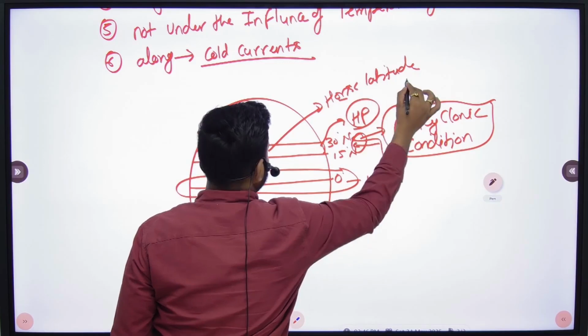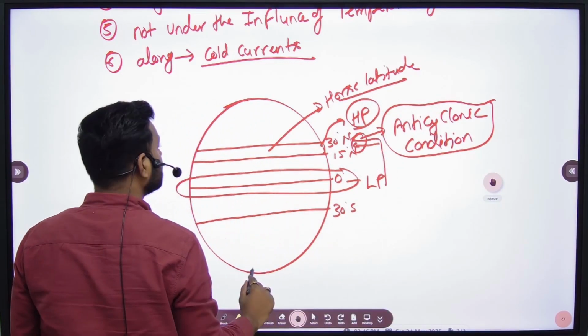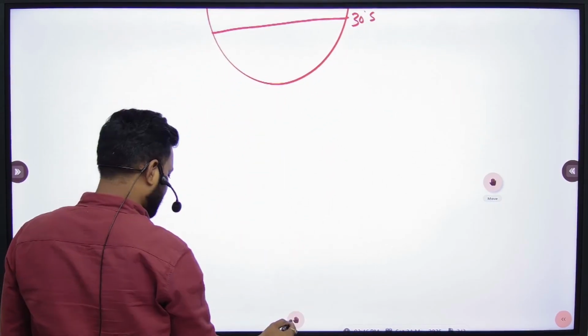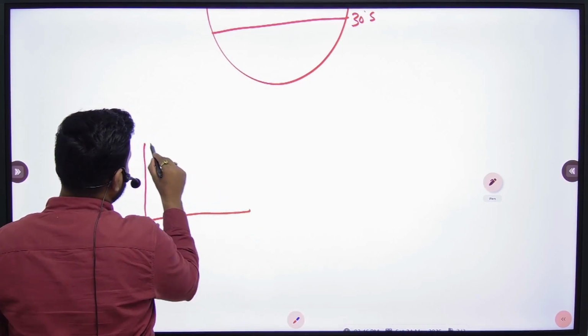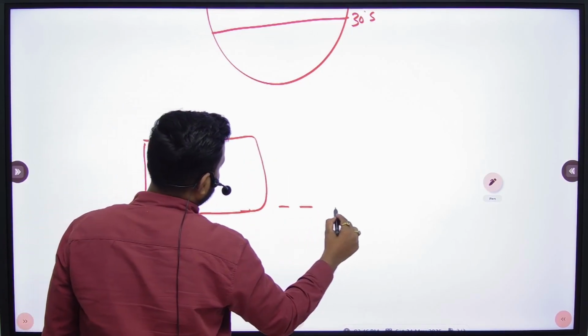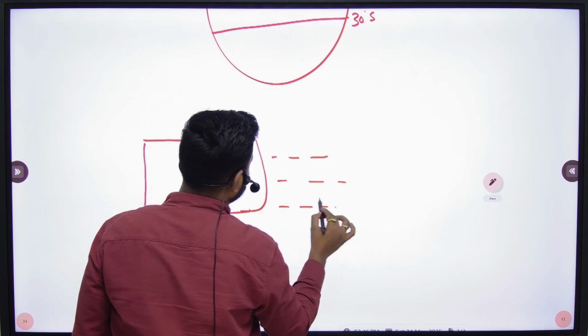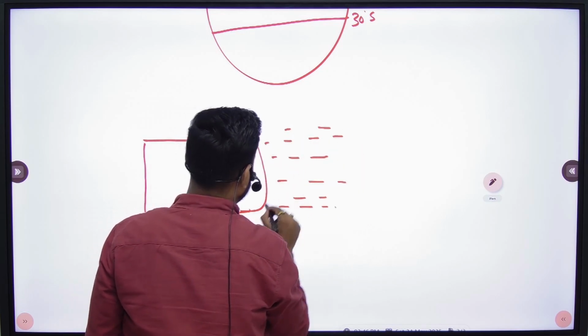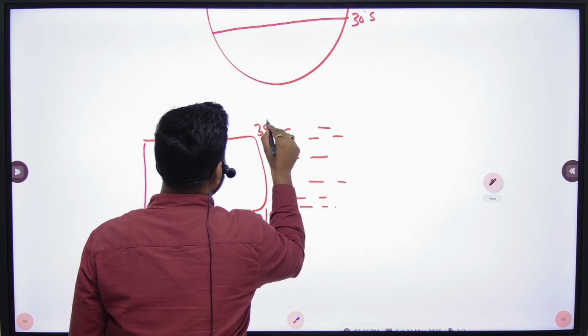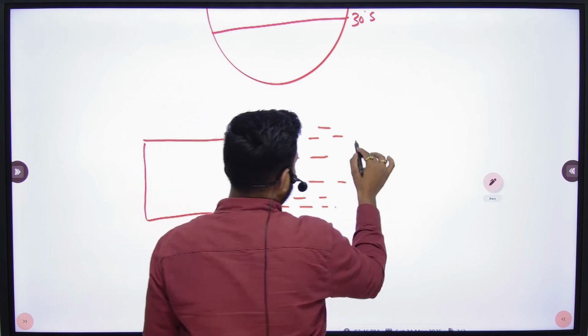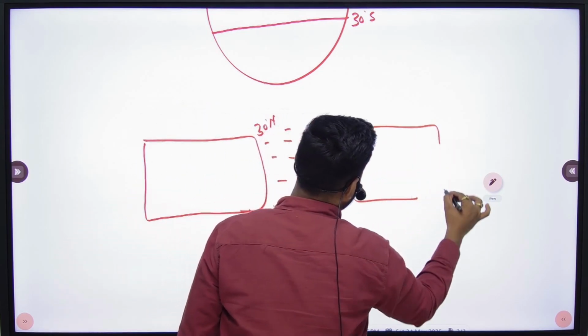And the second one, I just want to tell you another reason. Suppose that this is the continent, this is the water body, this is 10° north and this is 13° north, and this is another continent.